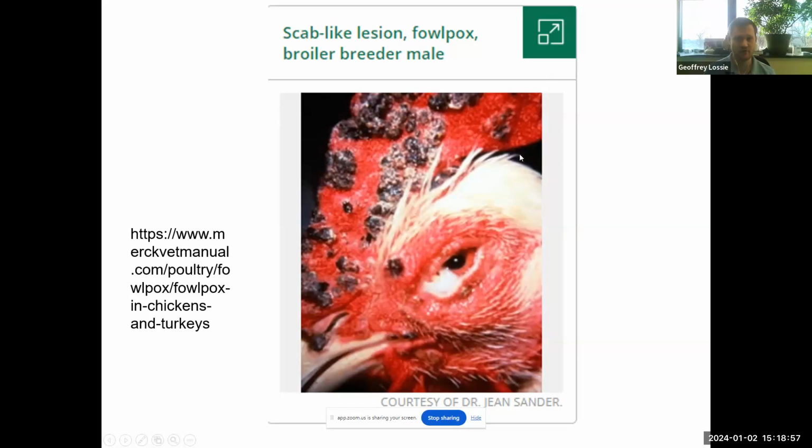If somebody is describing these to you on the comb of their bird, particularly in the fall or even early winter, that's when I typically encounter pox cases in backyard flocks.